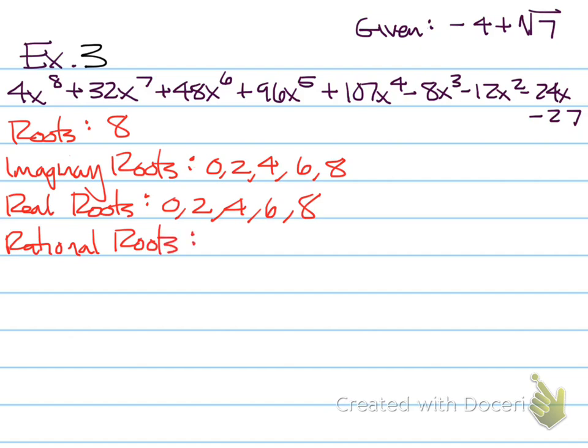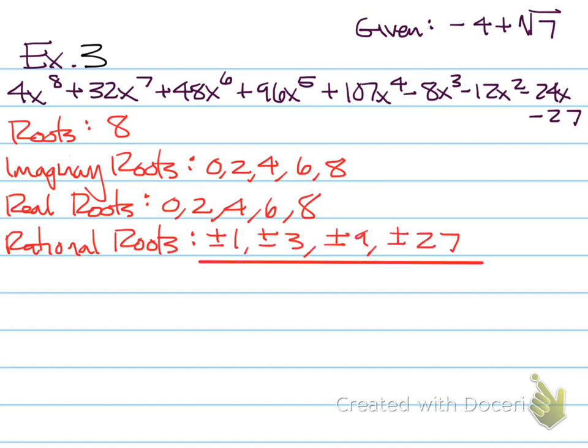And then the possible rational roots are the factors of the constant at the very end over the factors of the lead coefficient, 4. Factors of 27 are plus and minus 1, 3, 9, and 27. The factors of 4 are plus and minus 1, 2, and 4.